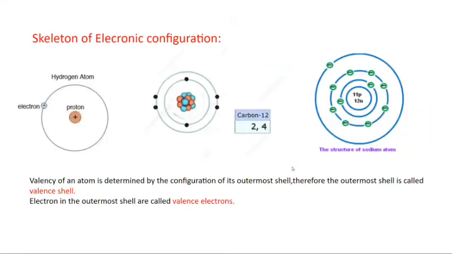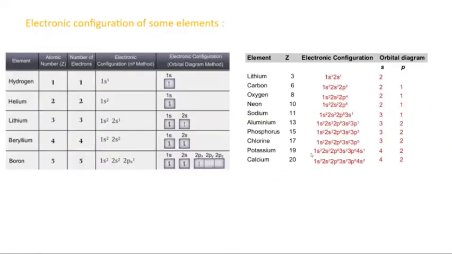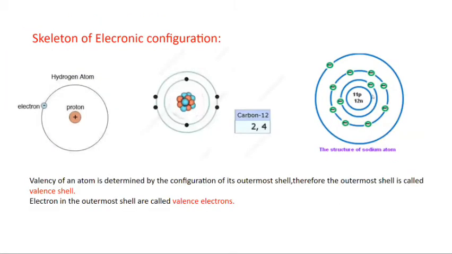Now for sodium. Number of electrons are 11 and number of protons are 11. So in the center you can see 11 protons are present. And what about electrons? Here you can see there are 3 shells, because in the first shell how many electrons are possible? 2.